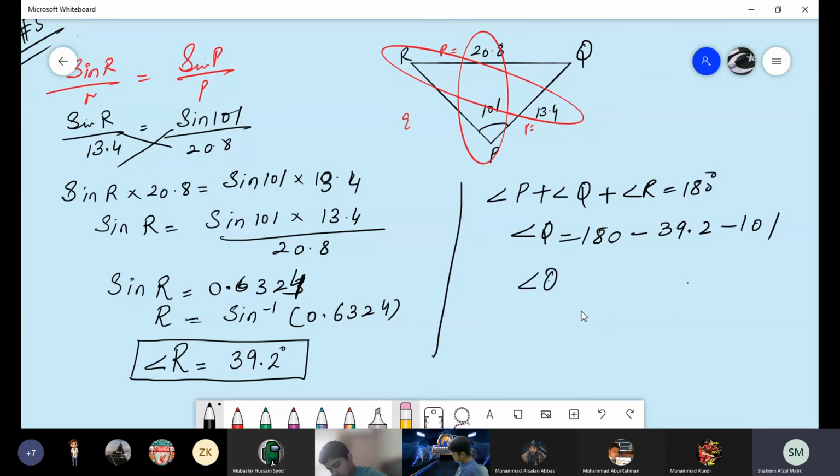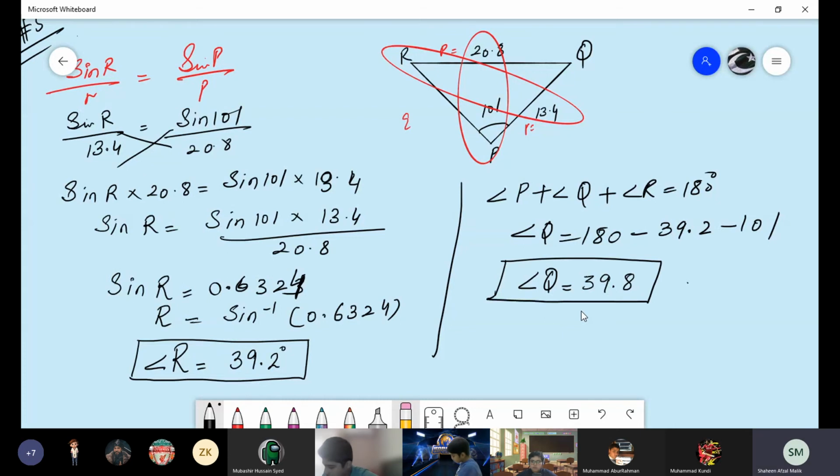So what's the angle Q? 39.8. It looks like an isosceles triangle, since both angles are nearly the same.